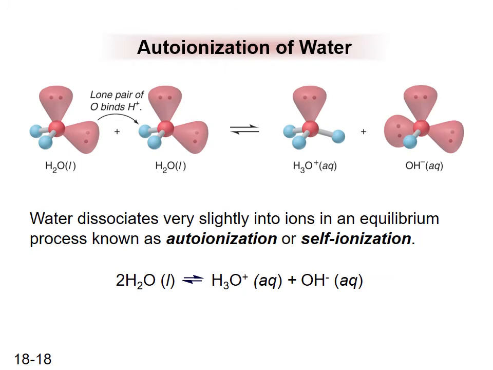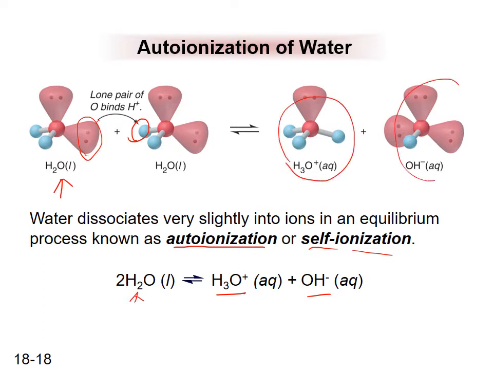Water molecules undergo auto-ionization or self-ionization reactions, in which 2 water molecules combine to form a hydronium ion and a hydroxide ion. In this diagram, a water molecule uses its lone pair of electrons to take a proton away from a neighboring water molecule to form a hydronium ion, and the other molecule forms a hydroxide.